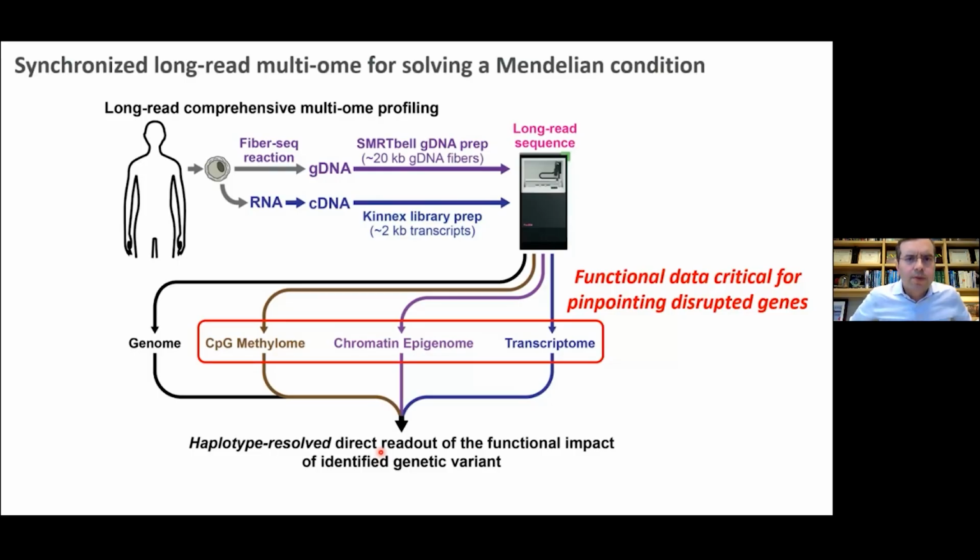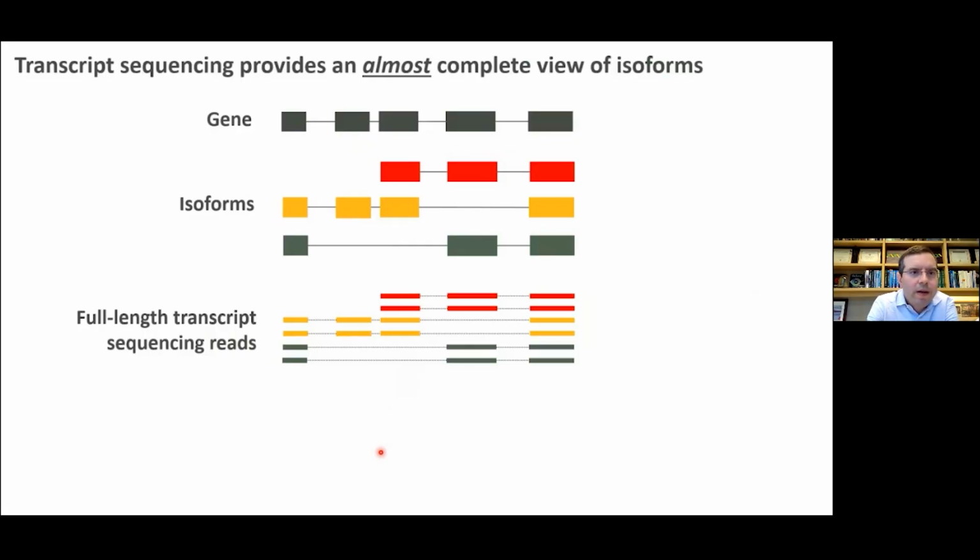And in the last couple of slides, I just want to extend this on the transcriptomic aspect, and remind people that when it comes to long-read transcript sequencing, we're not getting a full capture of the transcriptome for multiple reasons.